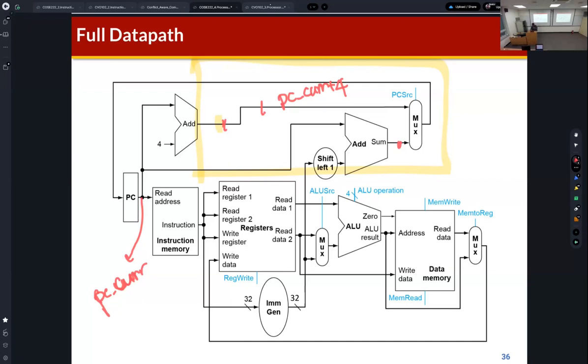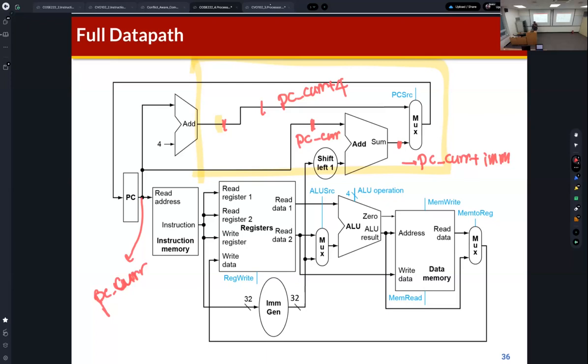The other input is the PC_curr, the current PC, and the immediate number is added to the PC_curr, which is PC_curr plus immediate. So this is the target of the branch instruction.